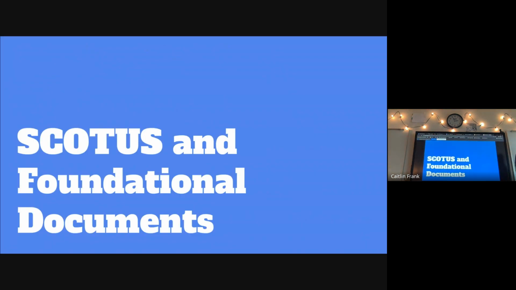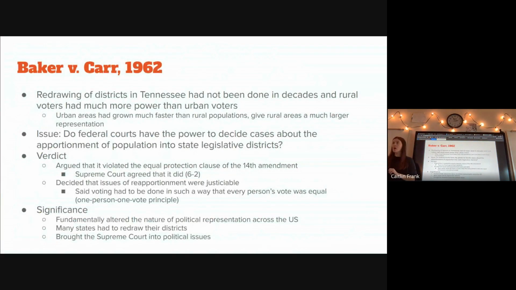So we have 2 Supreme Court cases and 1 foundational doc. Both Supreme Court cases are gerrymandering. The first is Baker versus Carr, the first gerrymandering case, which popped up in the 1960s. This case brought up the issue of states not reapportioning their districts as their population changes.